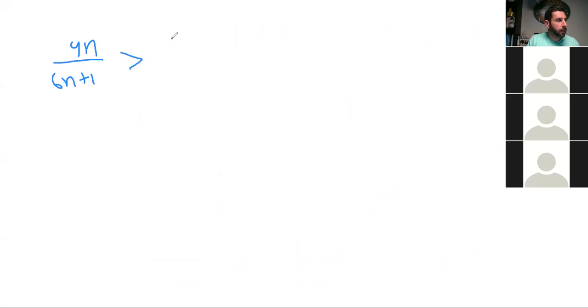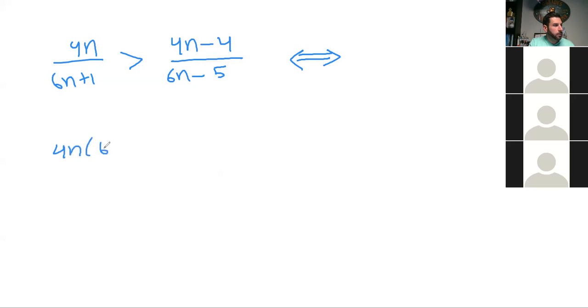And over here you have 4n minus 4, and then 6n minus 6 plus 1, which would be 6n minus 5. And so if you do some cross multiplying, this is the same as 4n times 6n minus 5 greater than 4n minus 4 times 6n plus 1.